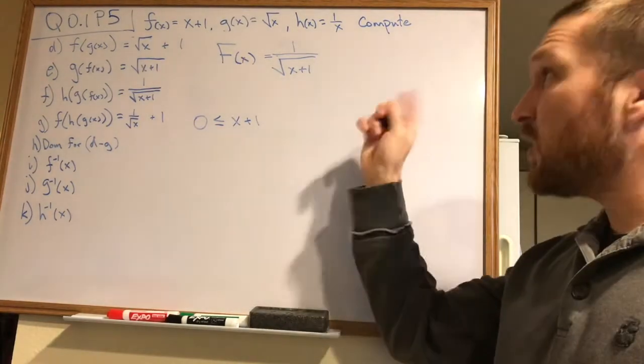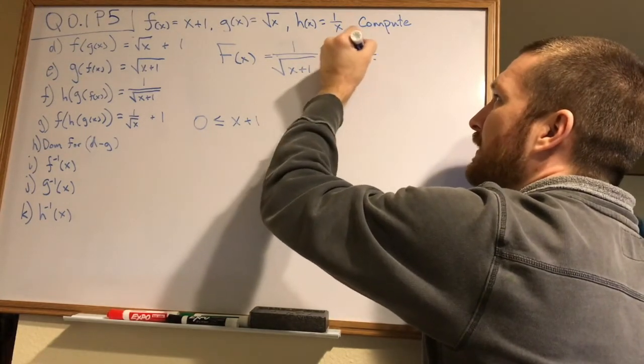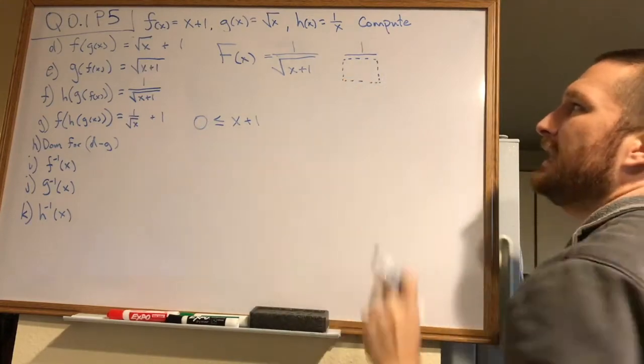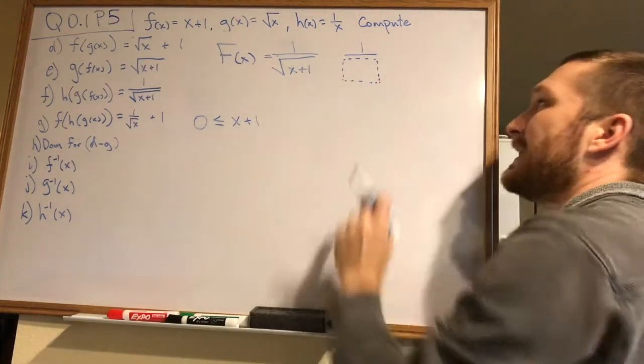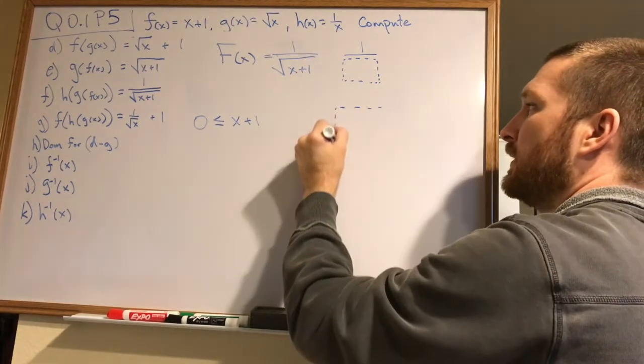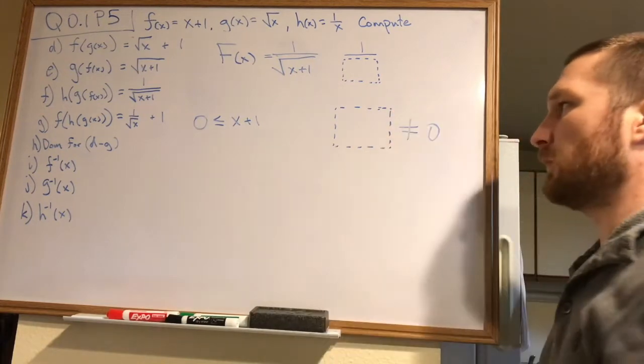But we also know, just like last time, that whatever it is that we divide by cannot equal 0, right? So whatever we are dividing by, whatever that happens to be, cannot equal 0.